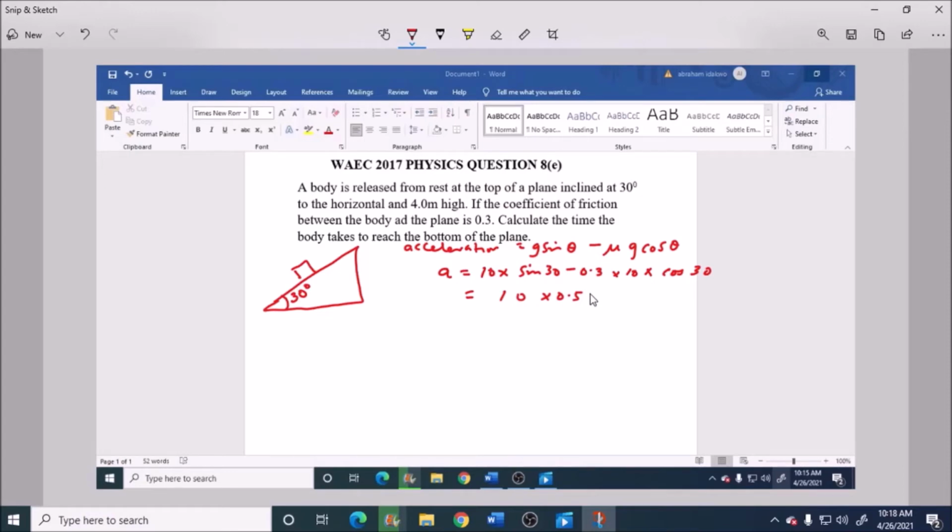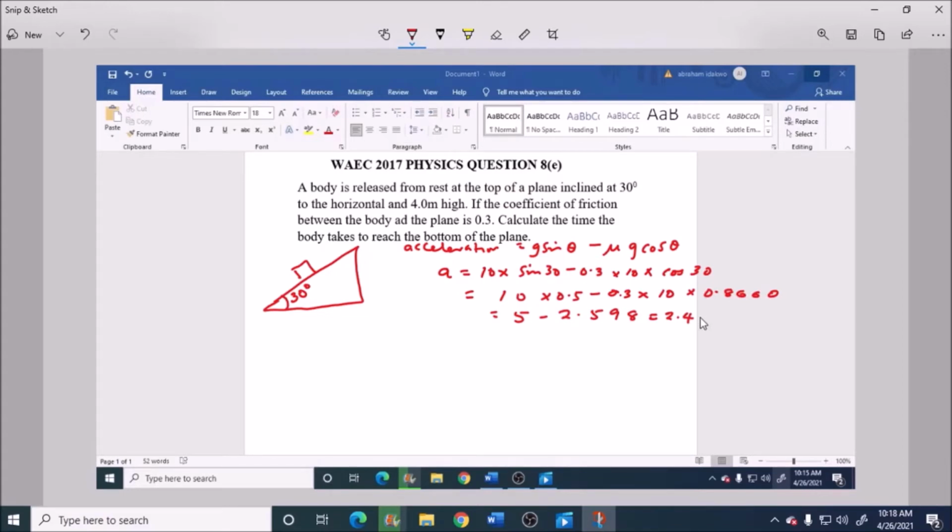So we have 5 minus 2.598, which is equal to 2.4 meters per second squared.